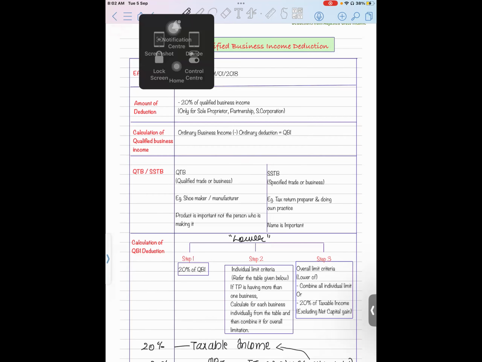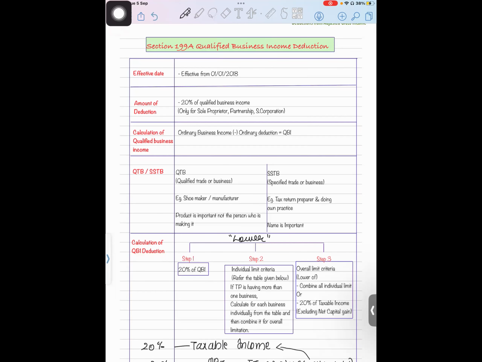I hope you have gone through a little bit of the theory of this topic, which is the qualified business income deduction. It means, let's say you are doing a business, so a Schedule C will be used.